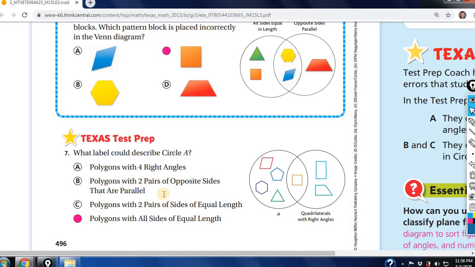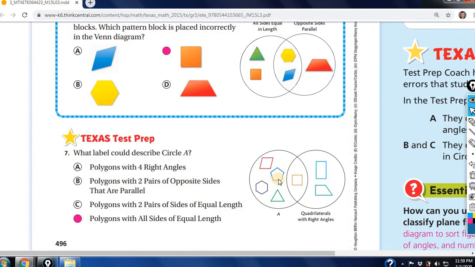Polygons with 2 pairs of opposite sides that are parallel, well, these two do not, so it can't be that one. Polygons with 2 pairs of sides of equal length, this one is good, 2 pairs, but this one does not have sides of equal length. Okay, so that can't be it. Polygons with all sides of equal length, yes, they have all their sides of equal length.